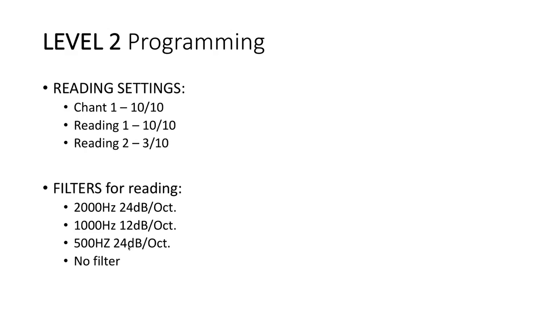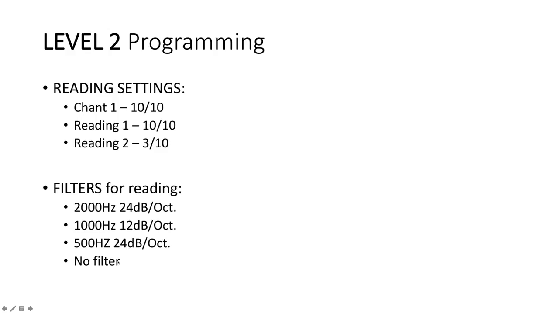And then we have the no filter. We can use it in Chen 1 to widen the spectrum even more, but you use it once you have done the 1500 filter in Chen 1. If you have hearing losses that are very low, well, you put no filter.